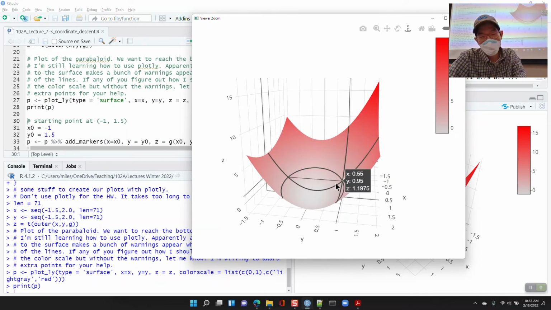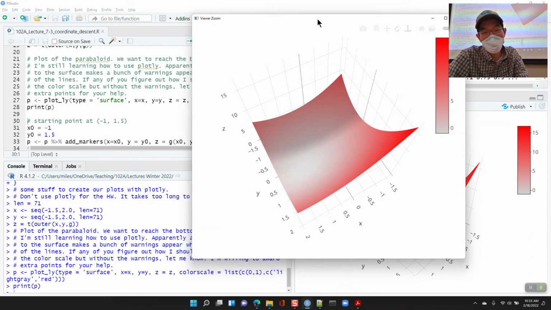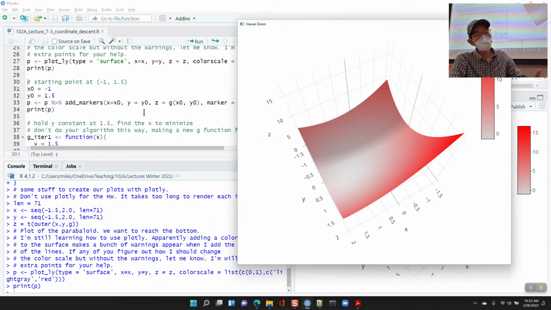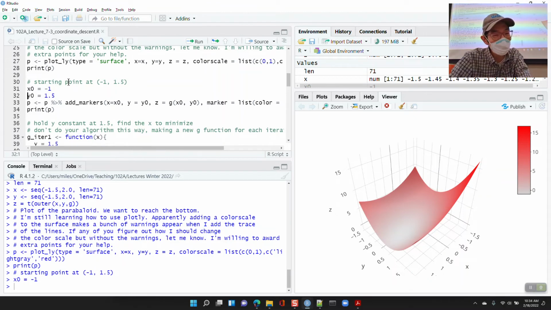All right, you guys can visualize this, right? And this is cool, right? This is Plotly. Don't use Plotly for your homework. It's cool for demonstrations, but not for printing.